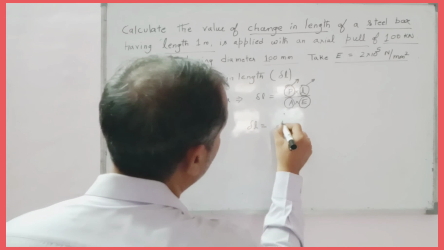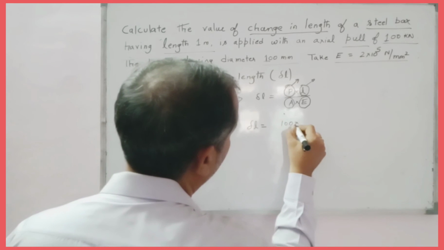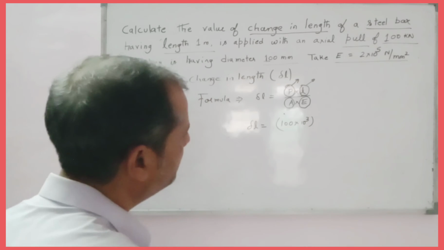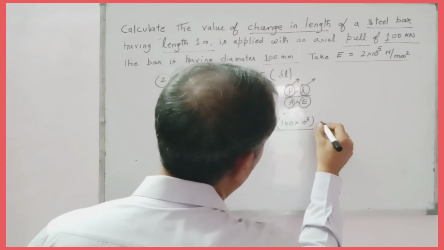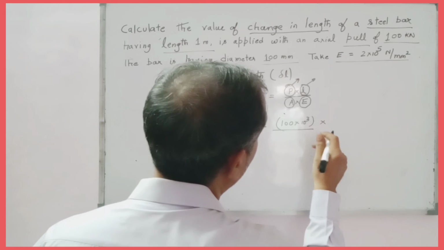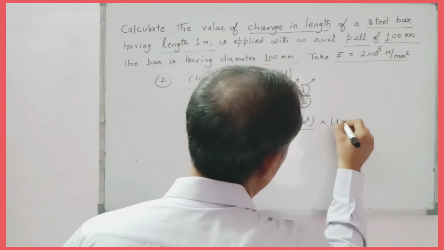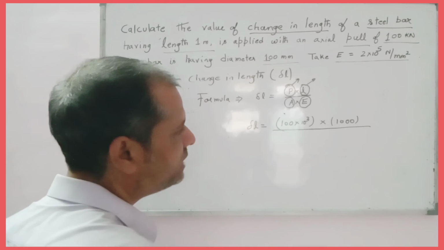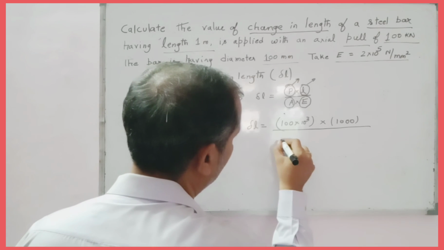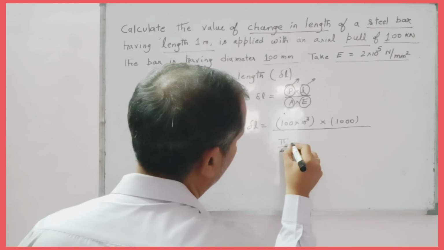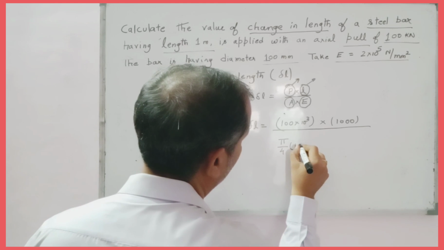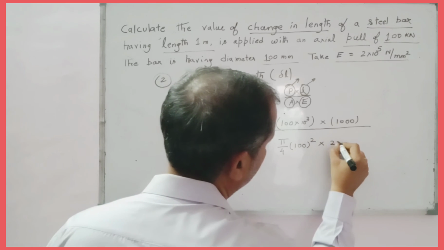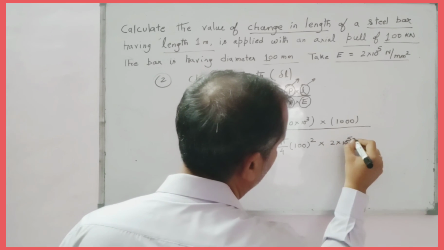Delta L will be equal to 100 into 10 to the power 3, that is applied pull, into length of the member. Length of the member is 1000 mm divided by cross sectional area and modulus of elasticity of the steel bar.